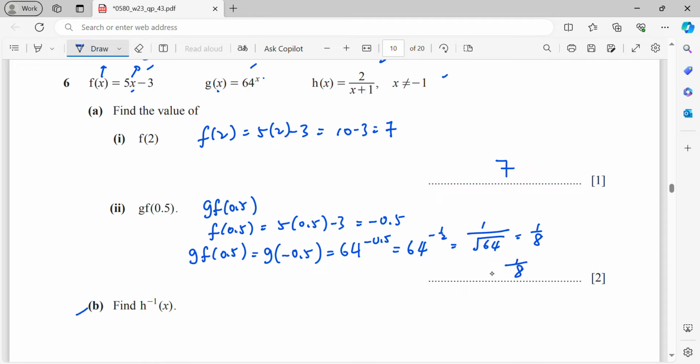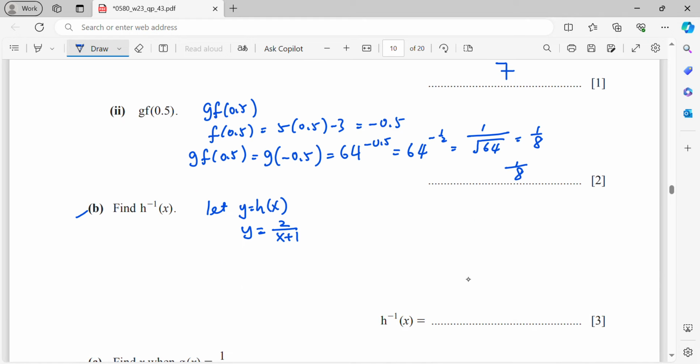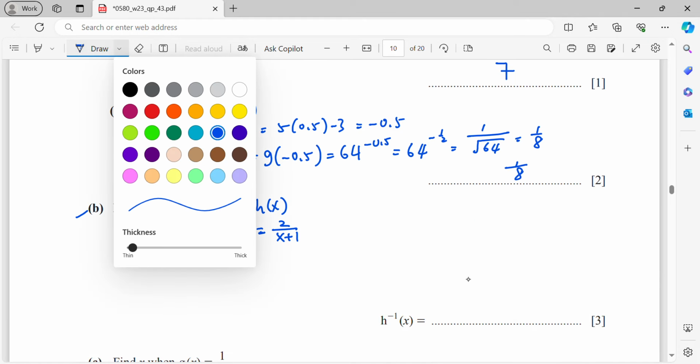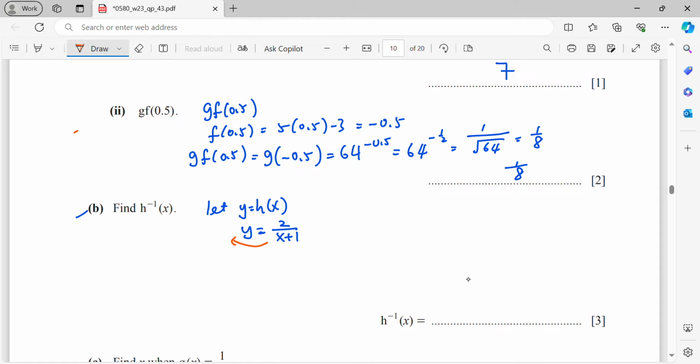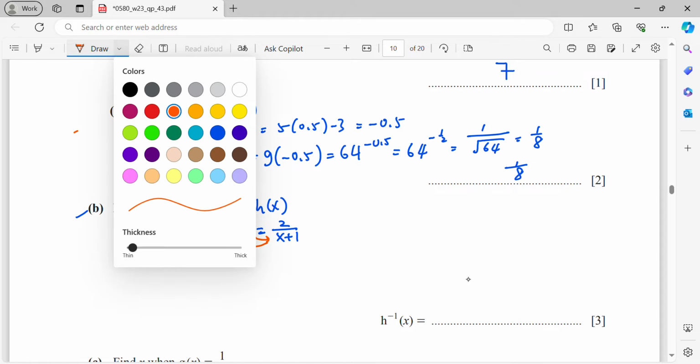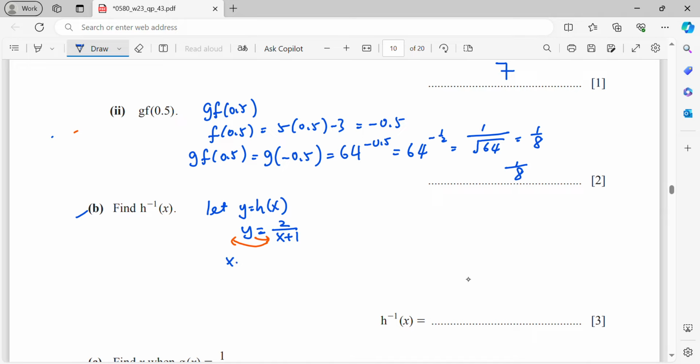Now, part B, find h inverse. So to get h inverse, let y be h(x). So that means your y is 2 over x plus 1. Now, instead of having y as the subject, you let x be the subject. That means now you move up the whole x plus 1 and move down the y. So I will get x plus 1 equals 2 over y.